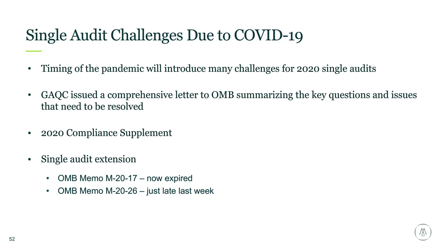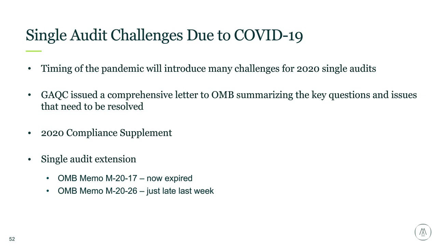So audits that had a normal due date of July 31st, 2020 through September 30th, 2020 will now have an extension of up to 3 months beyond that normal due date. For example, a December 31st, 2019 year end, for which the report is not issued, would normally have a due date of September 30th, 2020.